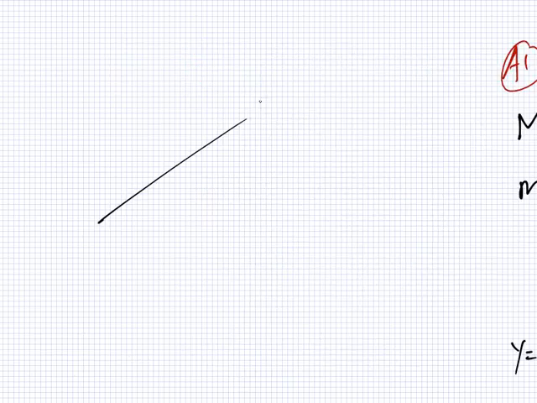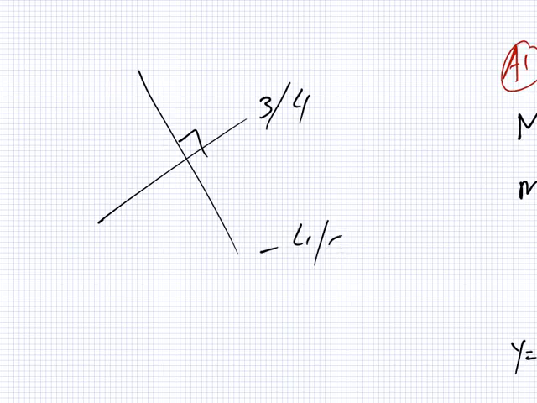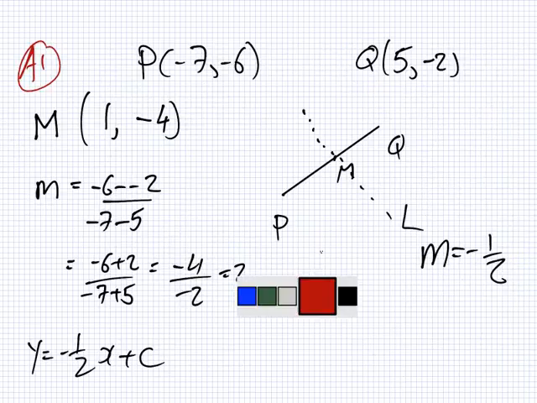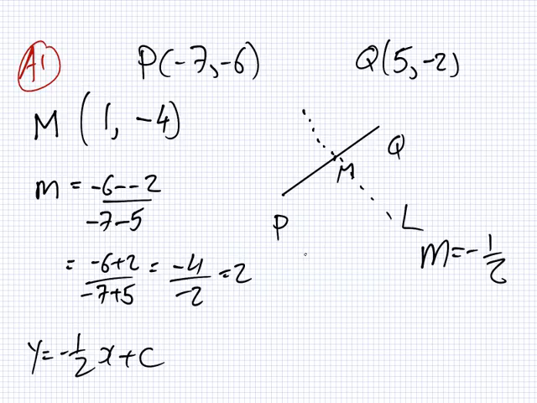If this is 3 over 4, then this one here is minus 4 over 3. Do you remember this? Yes. You sure? No. Alright. Which point do I use to find C? M. Very good. So I must use M.